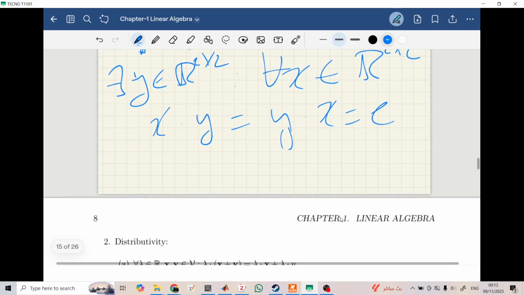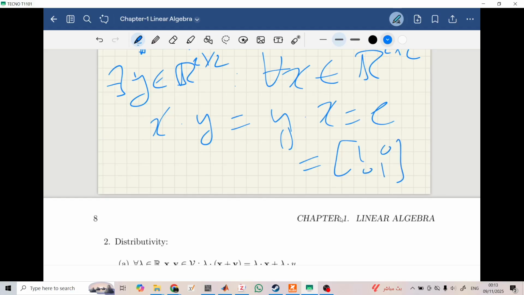So what is the neutral element here? It's the identity matrix. So this means that y equals x inverse. So does this x inverse belong to R 2 by 2?